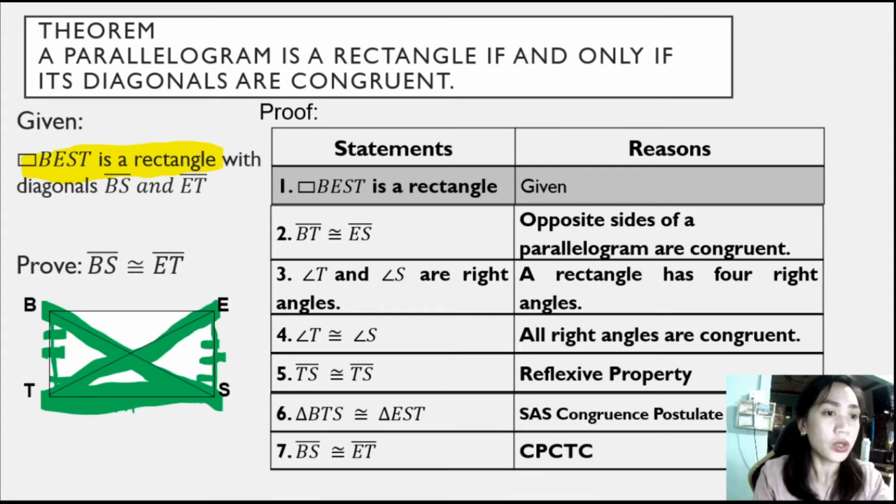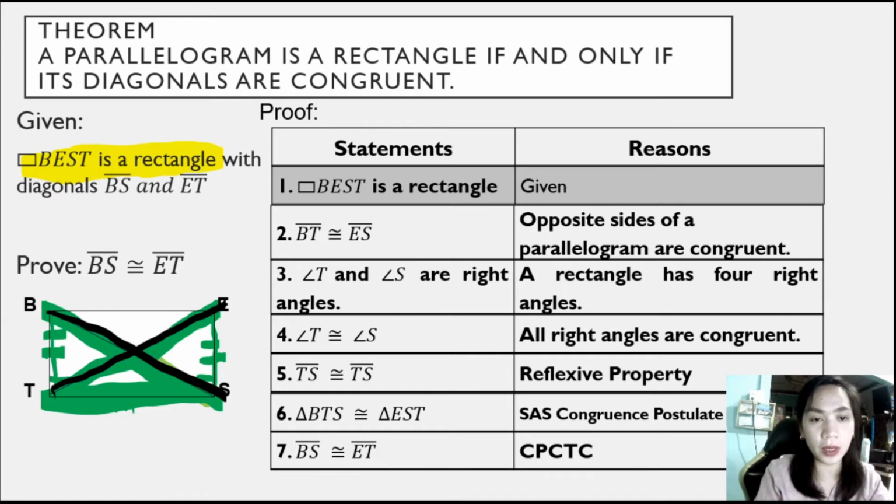Therefore, side BS is congruent to side ET, using CPCTC, or corresponding parts of congruent triangles are congruent. BS and ET are the diagonals that we need to prove. So na-prove na natin siya. Ibig sabihin lang nito, the given parallelogram is a rectangle.